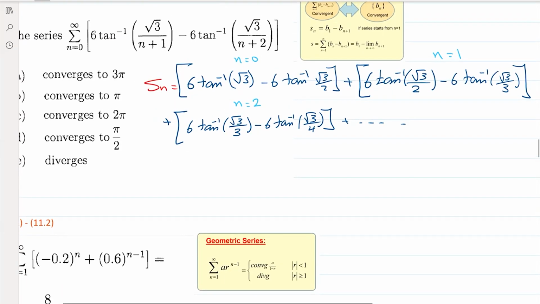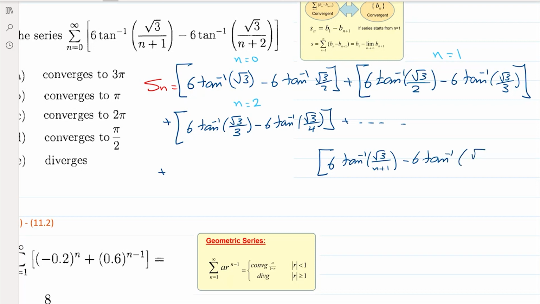Can you give me the term when n equals n? The general term is 6 tan inverse of root 3 over n plus 1, minus 6 tan inverse of root 3 over n plus 2.